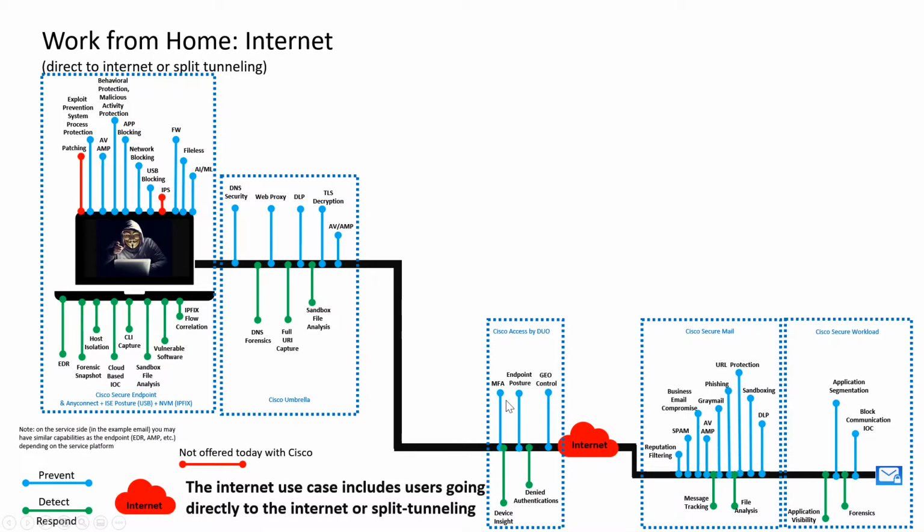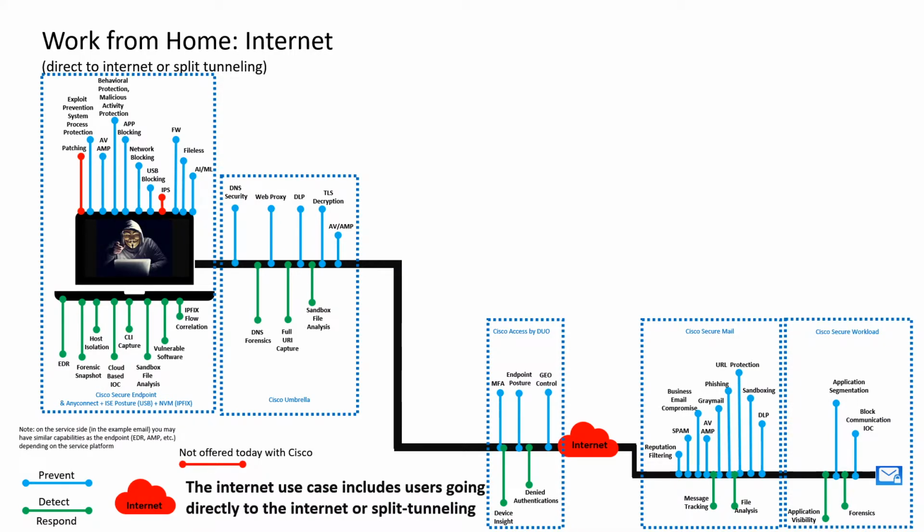When we get into MFA, endpoint posture, geo-control, denied authentication, device insight, now we're at Cisco Secure Access, and that's driven by Duo. And so all of those capabilities can certainly be satisfied by that component itself.